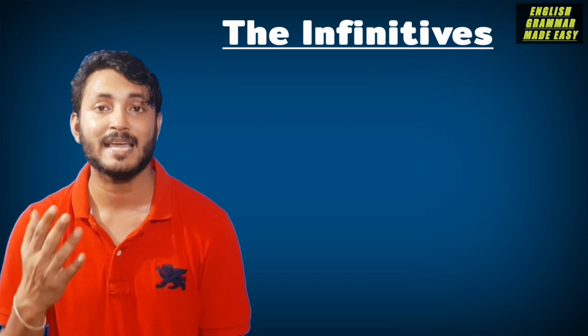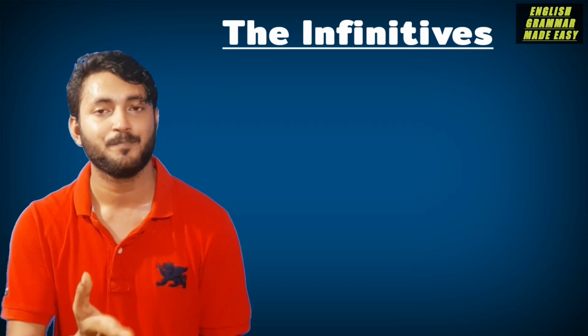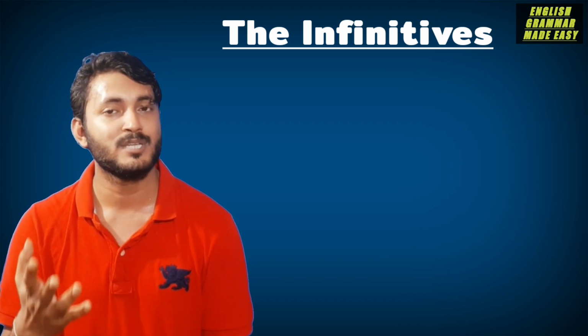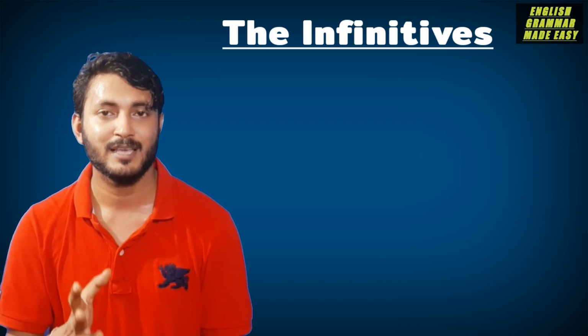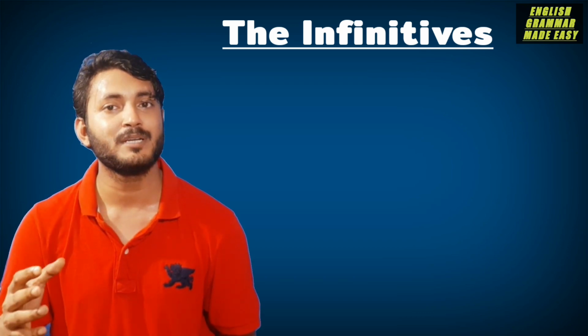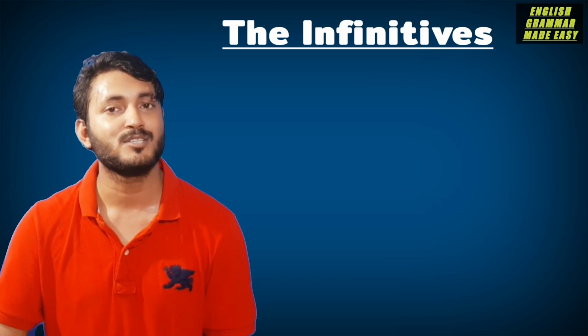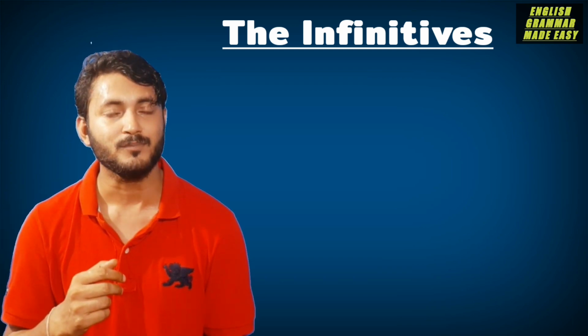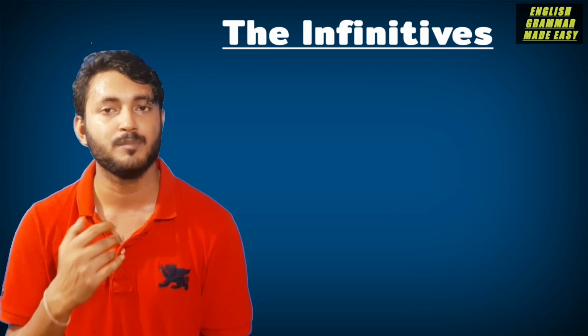When they are used as adjectives, they qualify nouns present in sentences, and when they are used as parts of absolute phrases, they will be written separately as parts of some phrases that are separated from the main sentence with a comma. So these are the things that you need to keep in your mind.